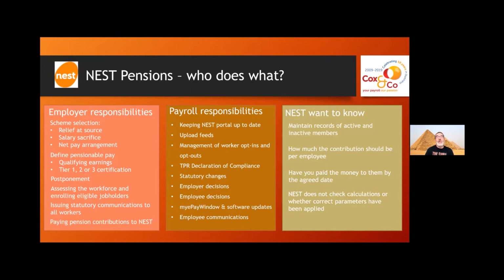Defining pensionable pay. At the inception of automatic enrolment, they were quite clear on what was going to constitute pensionable pay. And it was the concept of qualifying earnings, also known as banded earnings. And the clue is in the banded earnings title. It's very similar in the way it works to national insurance. There is a band of earnings, the lower band of earnings, in which you don't make pension contributions.